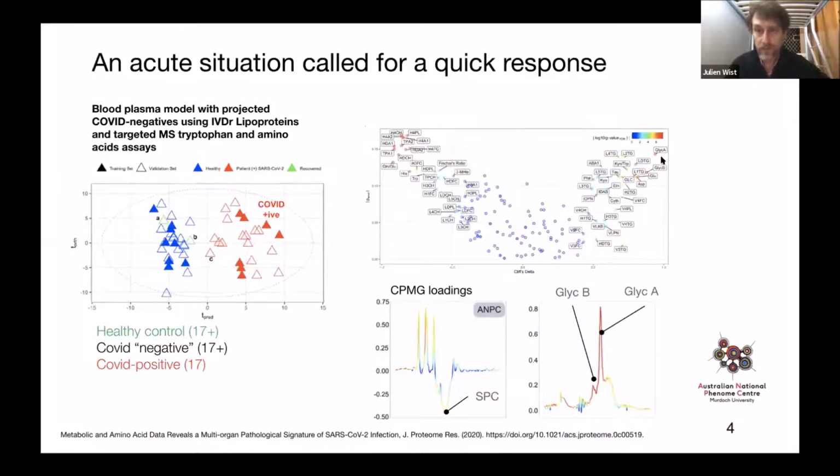So the important thing to notice here is that once we built a model to classify those two populations, very quickly some variables got highlighted.